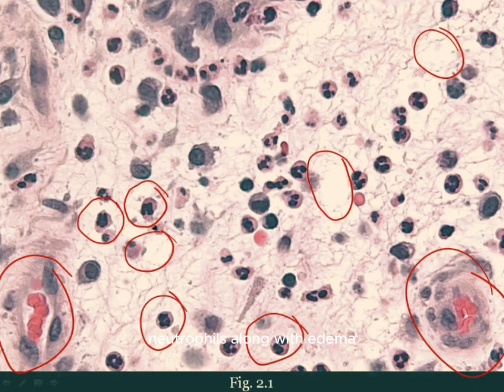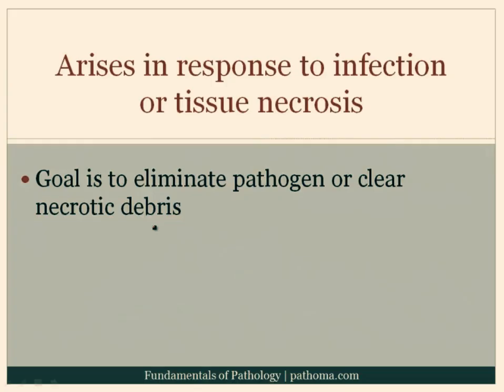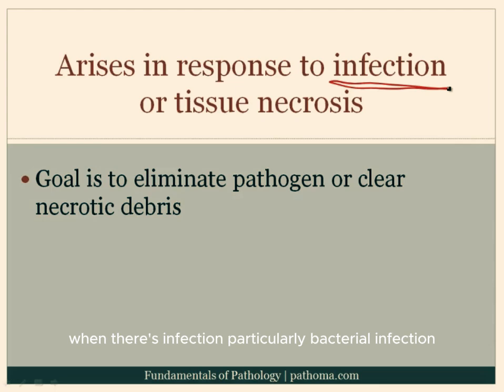So the next important point to be aware of is that acute inflammation arises in response to two important stimuli. The first is infection, and I think we're all well aware of the fact that when there's infection, particularly bacterial infection, one of the key responses is going to be the neutrophilic response, which will then come in and destroy the organisms.